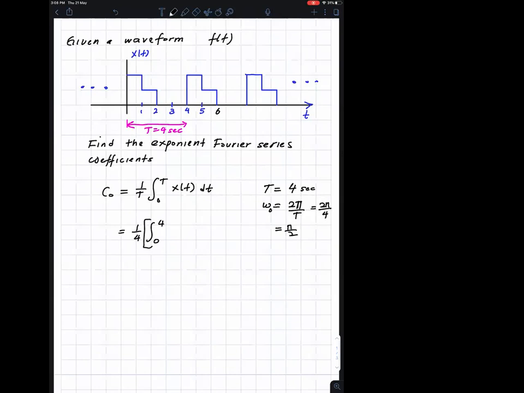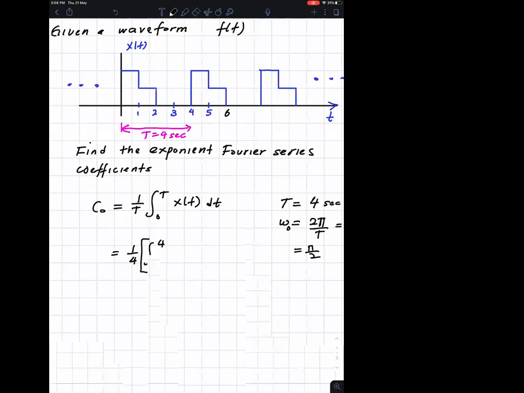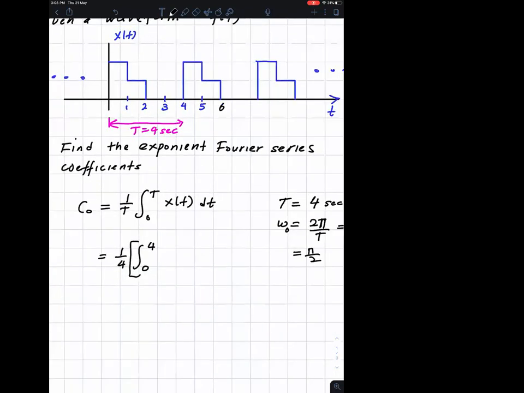But you must understand that the signal only exists up to t equals 2. From 2 to 4, there's no signal. So the period is from 0 to 4, but there's 0 signal from 2 to 4.